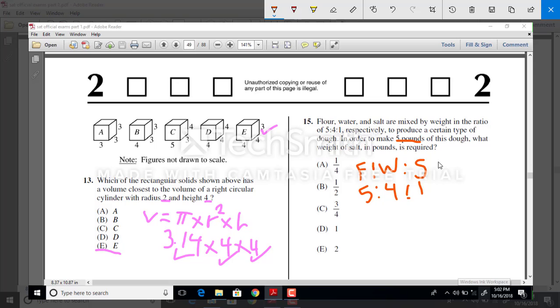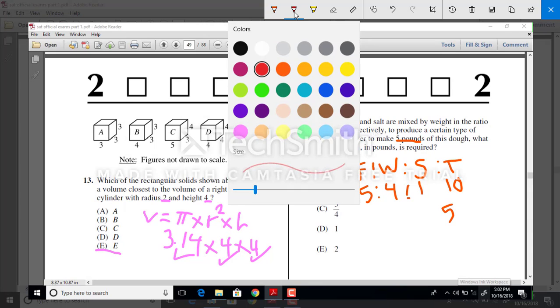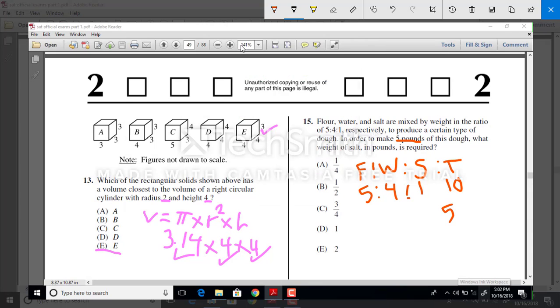So I will add another place here for the total, which is 5. The real total is 5. What about the sum of this ratio? 5 plus 4 plus 1, which is 10. Simply, I ask myself, 10 became 5 by doing what? Of course, by dividing by 2.